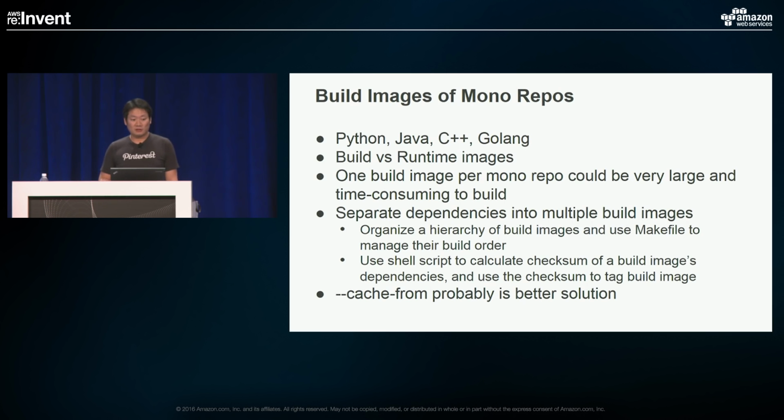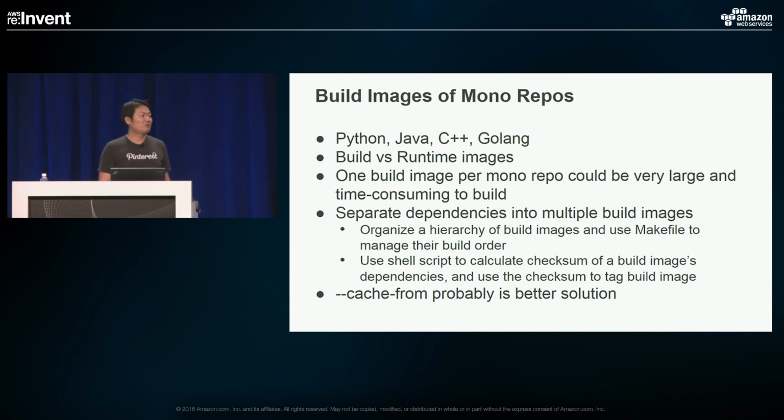And another story I'd like to share is maybe special for Pinterest. Pinterest internally runs many microservices, but for historical reasons, we still keep maintaining 4 major monolith repos. These are Python, Java, C++, Golang, and each repo has tons of dependencies.